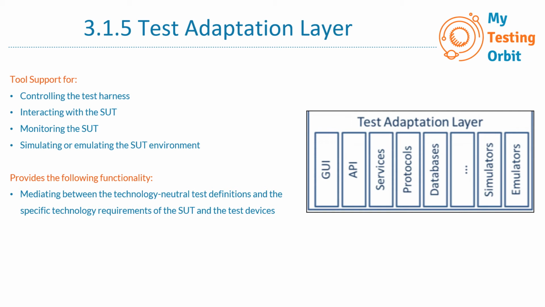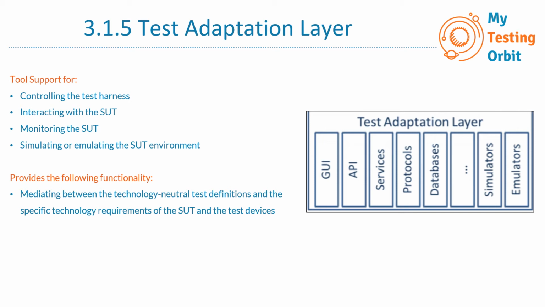Okay, now the second half says, and the specific technology requirements of the SUT and the test devices. Similarly, there are some specific technology requirements. For example, if you take a device, in order to connect that device securely to other remote devices, we need to follow specific procedures.